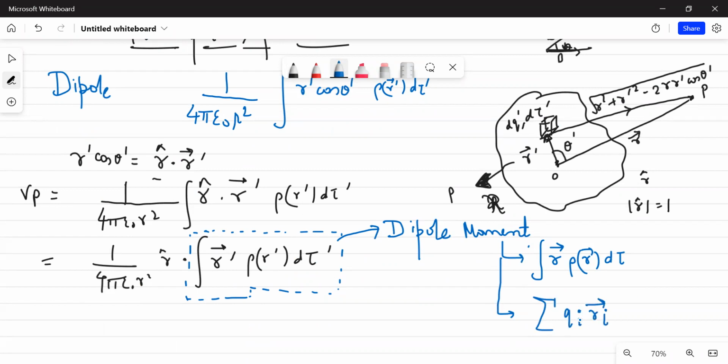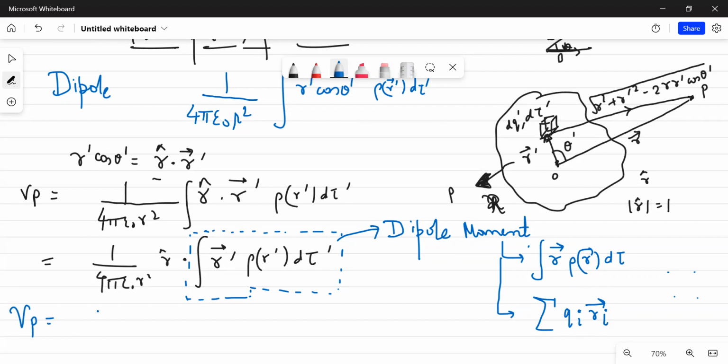So ri's are the position vectors for all these qi's, and let's say if 4 point charges are on a square and all those things. So basically, if you want to find the dipole moment, all you need to know is your charge and the position vector of that charge. Just sum it up, and with this qi you'll get the dipole moment. For the continuous case, you are going to find it in this session this way. Is that clear?